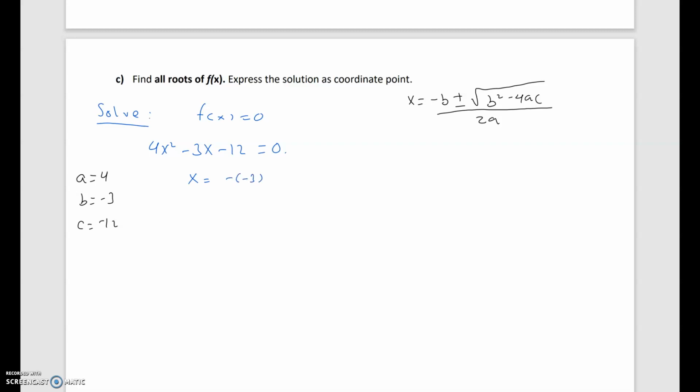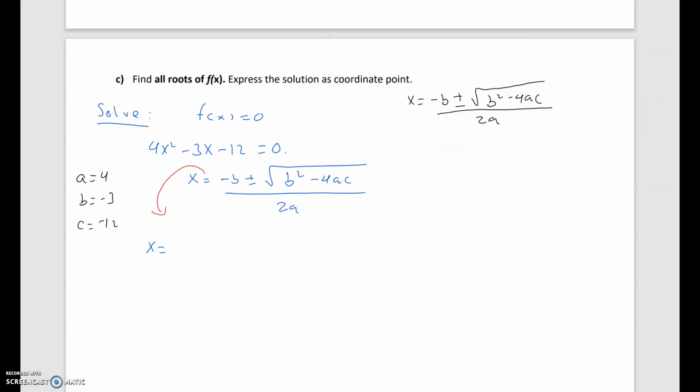negative 3 plus or minus the square root of, actually, let me write first the whole formula. So x is equal to negative b plus or minus the square root of b squared minus 4ac divided by 2a. And now let me plug in the constants.